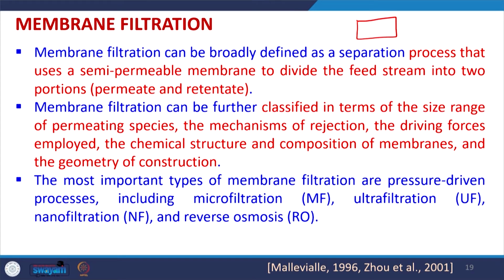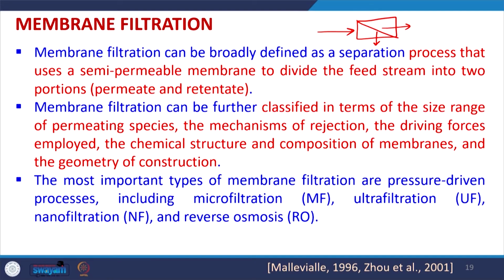Suppose a membrane is kept here and water is coming. Clear water will be going out from here, and another stream, having a higher concentration of solids, will be coming out from here. So, this is the filtration which is happening.